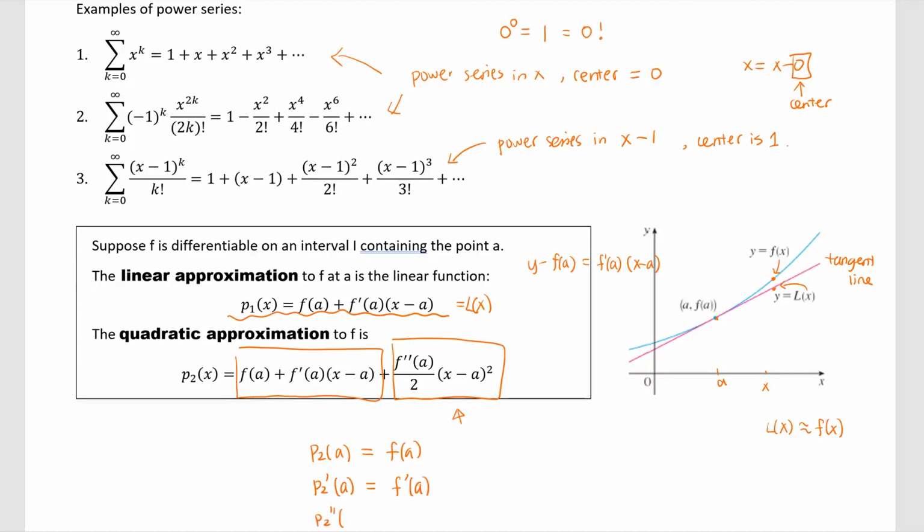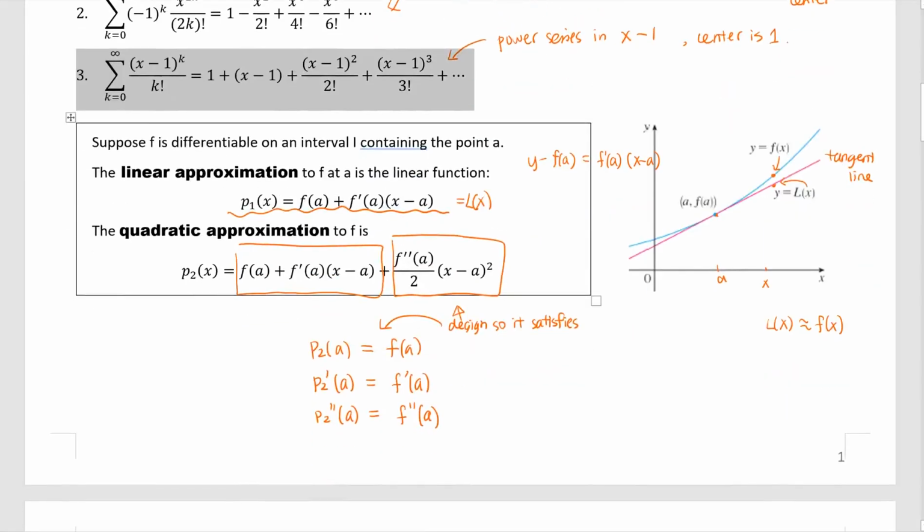And the second derivative, when we plug in a, is going to be the second derivative of f at a. Let's see whether this is true. We design this term so that it satisfies all of these 3 conditions, or 3 equations. So let's check it.